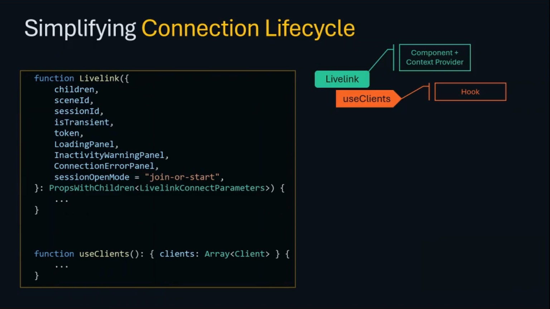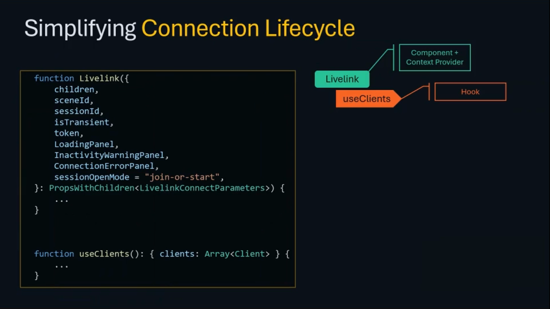As I mentioned, LiveLink is a component, and it provides the context providers. So all its children have access to what we call the session, basically the connection with the remote server, to send messages and receive events. And we added as well a hook for the clients.